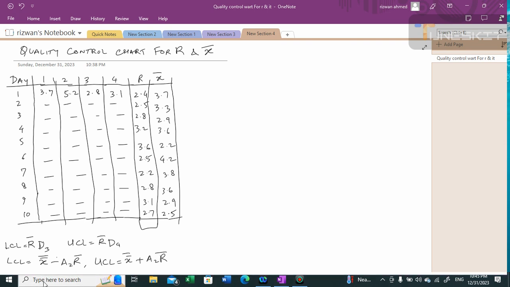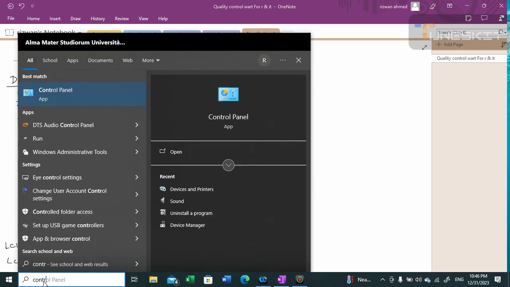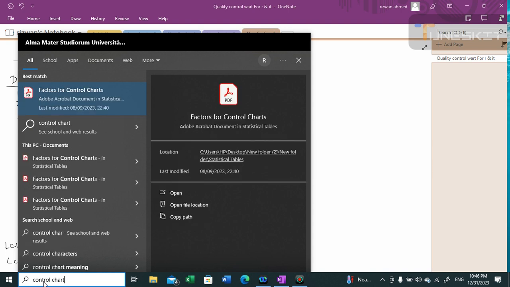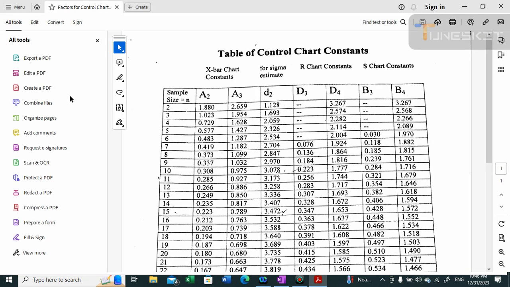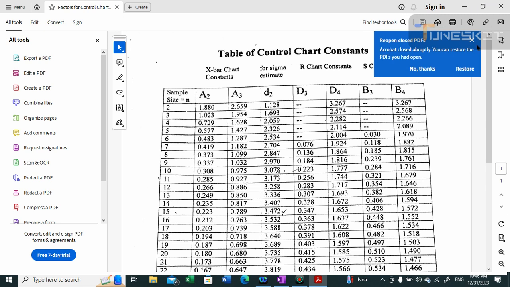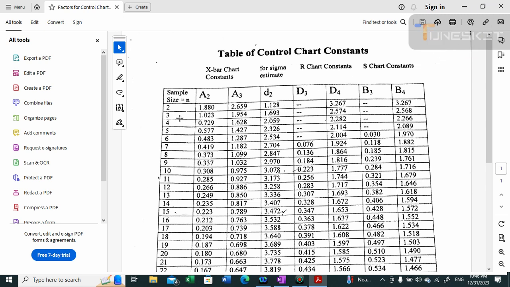Let me check if it is available with me right now. Factors for control charts table is this one. Have a look at this. The sample size that we have taken each day is 4 customers. If we go to the D3 factor, D3 has no value, so it does indicate that the lower control limit does not exist in case of the R chart if the number of observations is up to 6.